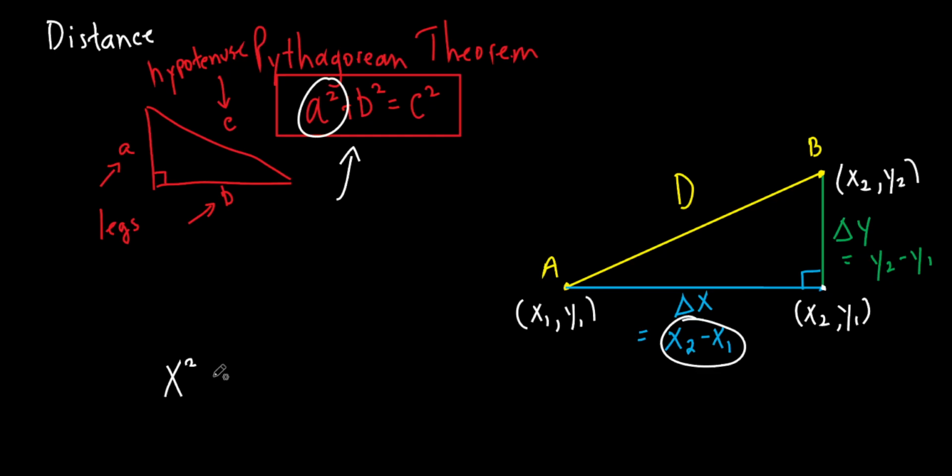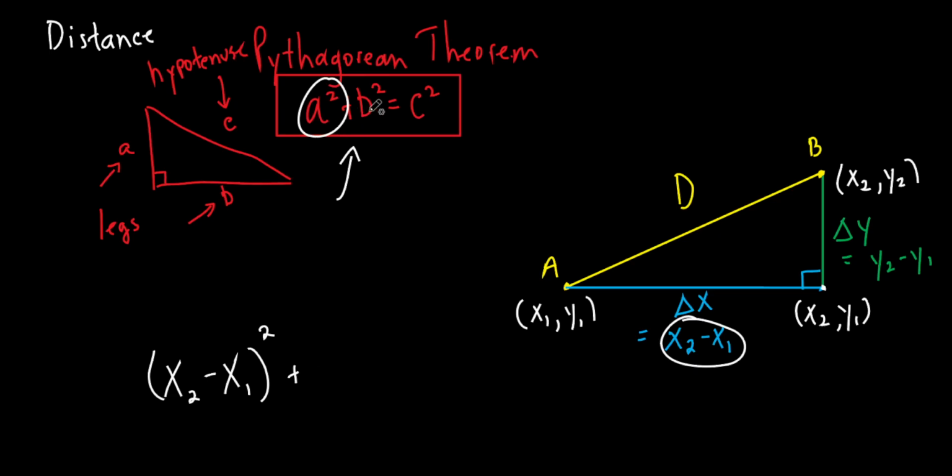I'm going to go x2 minus x1, and what do I have to do to it? What did I do to that a? Had to square it, didn't I? So I'm going to take that. Why did I put a square right here? That was dumb. x2 minus x1, sorry. And then I'm going to square it. You understand what I'm doing? That was a, and so I'm going to take that a and square it.